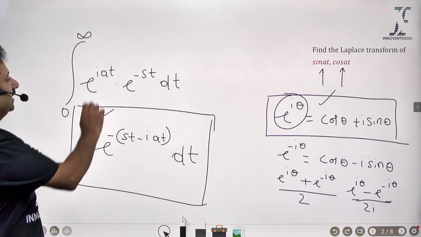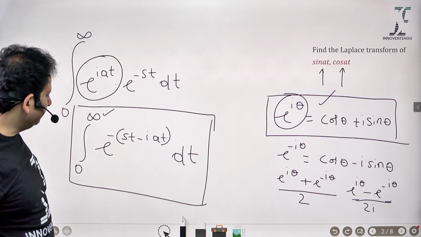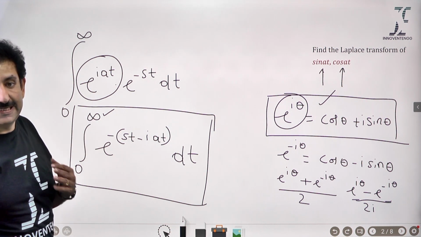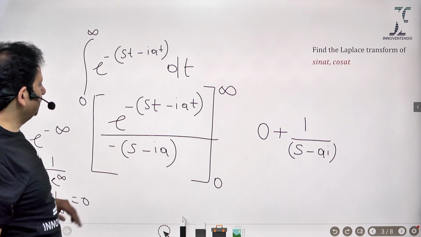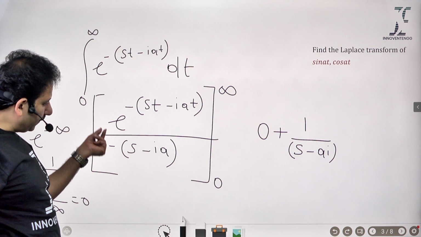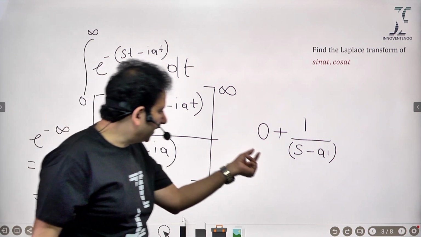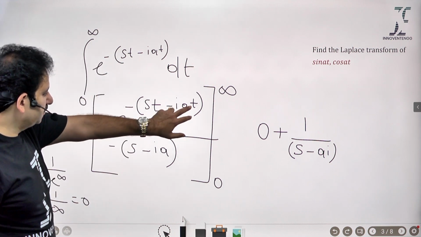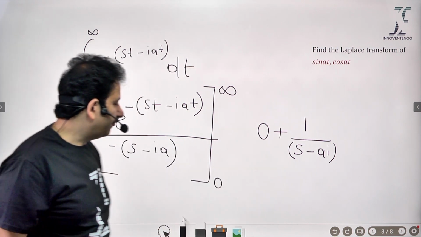We sought the Laplace transform of this particular term, and then we kept it as minus because we have the upper limit as infinity. Remember, a very, very important one, because your integral will go to 0 when you substitute the upper limit. And the lower limit is minus, because upper limit minus lower limit becomes minus of minus, plus s by s minus ai. Because for the lower limit, when you substitute t equal to 0, this entire thing becomes 1. That is where you have got 1 here.